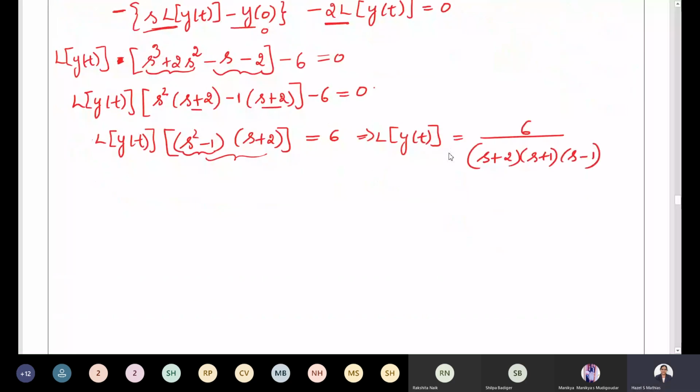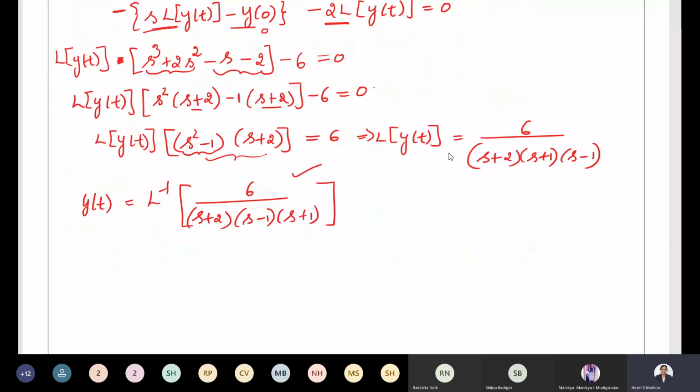Yes, ma'am. Okay. So now what do we get from this? What will be y of t? Y of t will be inverse Laplace transform of 6 divided by s plus 2 into s minus 1 into s plus 1. And how to find the inverse Laplace transform of this?